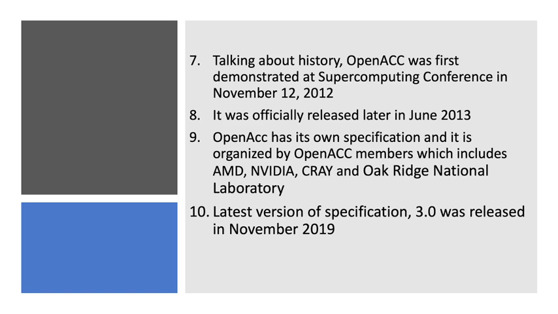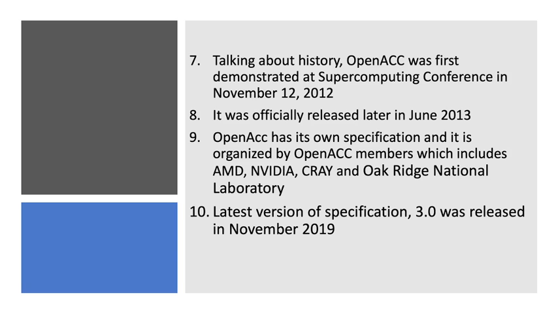Talking about the history, OpenACC was demonstrated at the Supercomputing Conference on November 12, 2012. It was officially released later in June 2013. OpenACC has its own specification and it is organized by OpenACC members, which include AMD, NVIDIA, CRAY, and Oak Ridge National Laboratories.